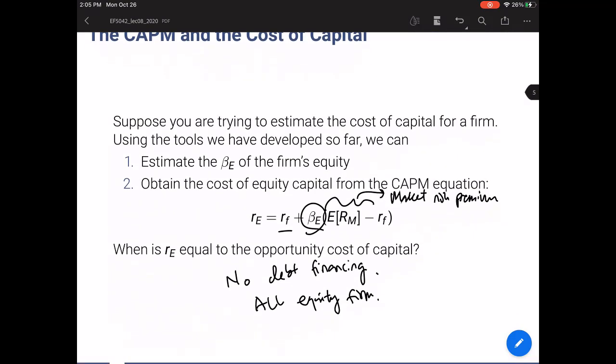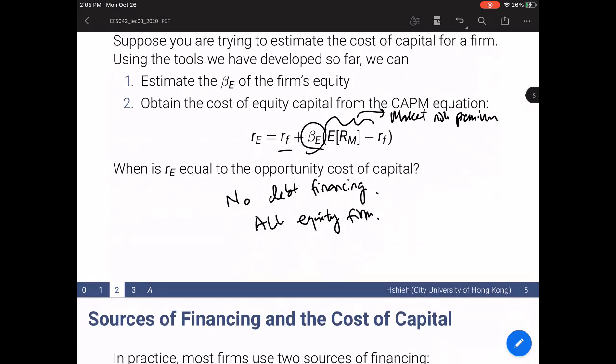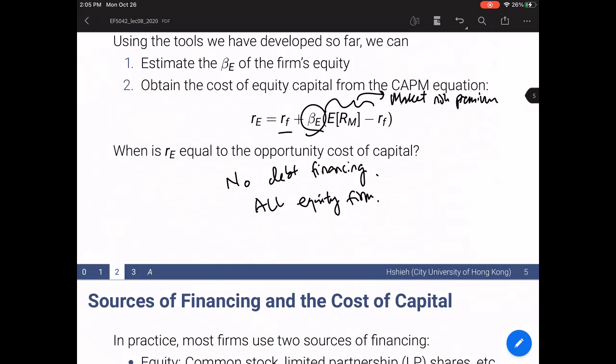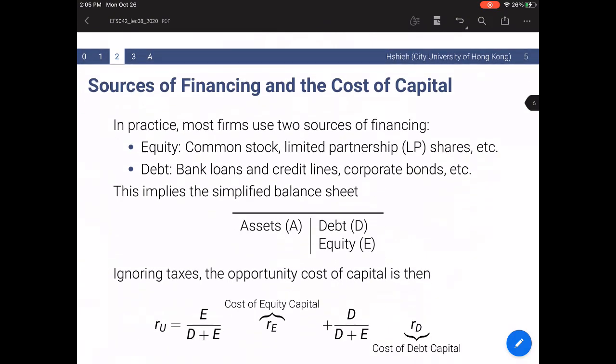Okay, so that makes life easier if your firm is all equity. Of course, that's never the case in reality. All firms most likely have some form of debt, and there are many reasons why a firm may want to do that, and we'll talk about that later on. Okay, but we first acknowledge reality.